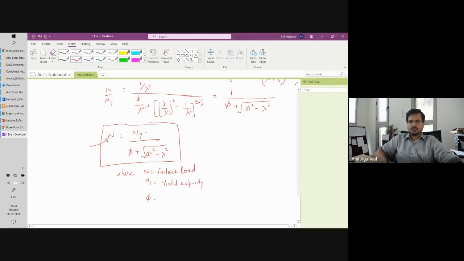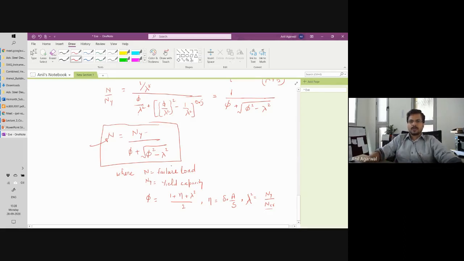And phi is equal to 1 plus eta plus lambda square divided by 2. And eta was equal to, we had substituted eta for something, A by S. And lambda square we already knew was equal to Ny by N critical. Fine. So if you substitute all this, this is your expression.